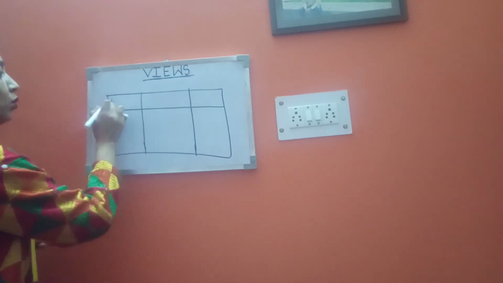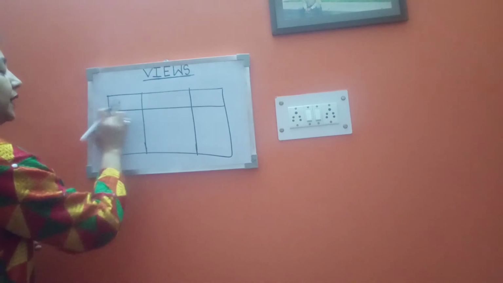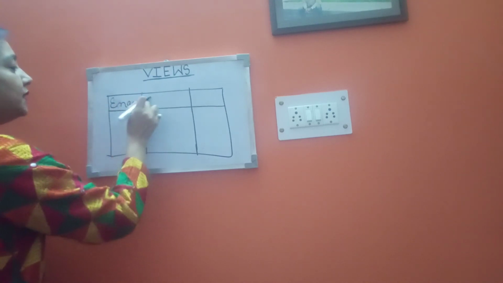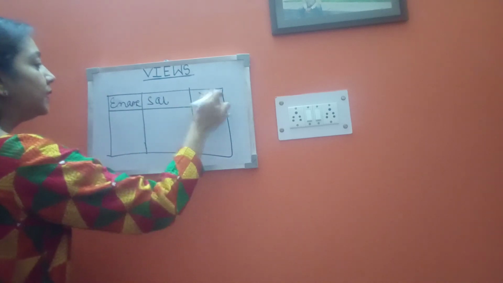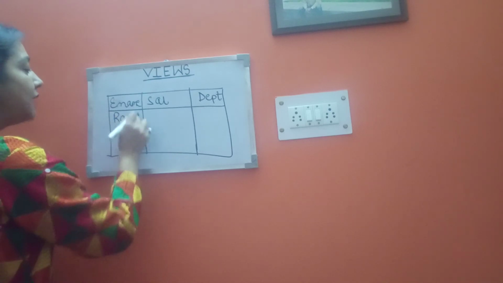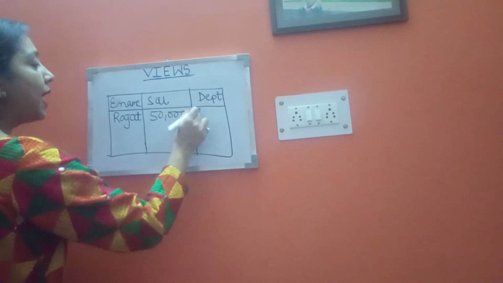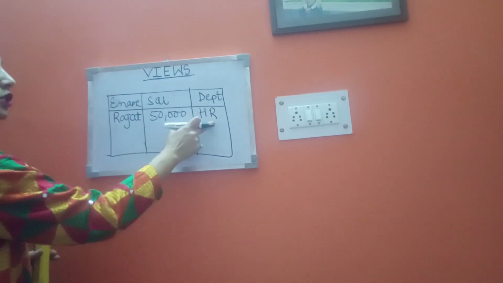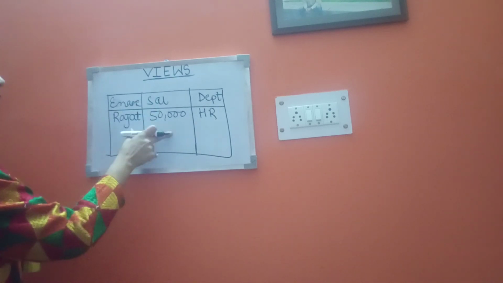So the view that will be created would have the employee name, the employee salary and the employee department. Name is, for example, Rajat, salary is 50,000 and department is HR. Now it will not show any information from the IT and finance department. So this is how a view will be created.